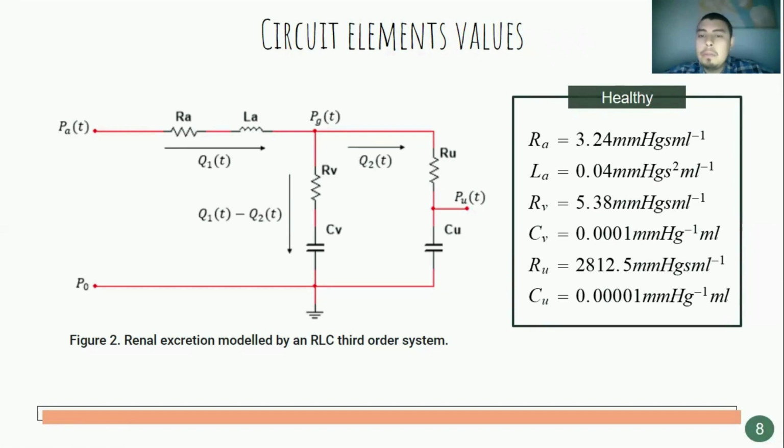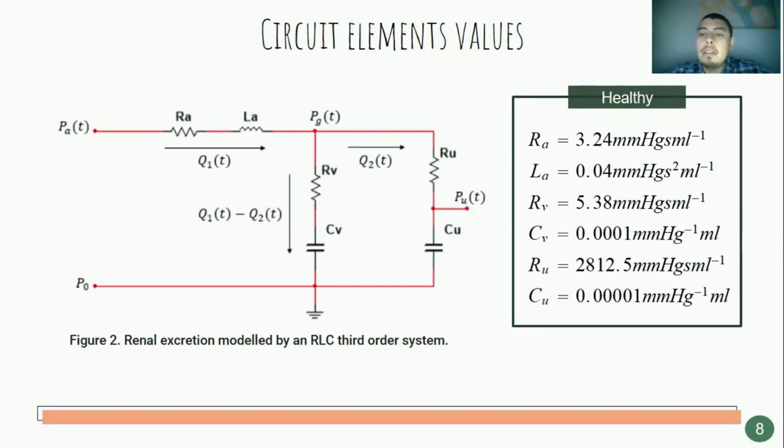An inductor, or an opposition to the change of the blood flow, of 0.04 millimeters of mercury per square second per milliliter.